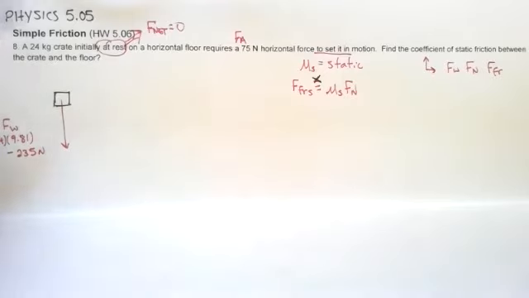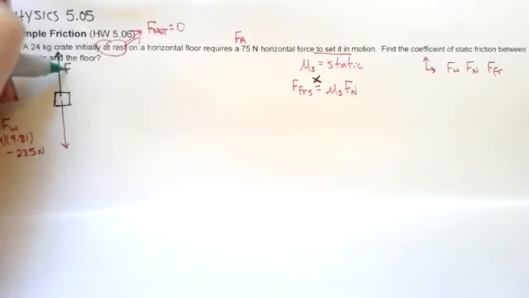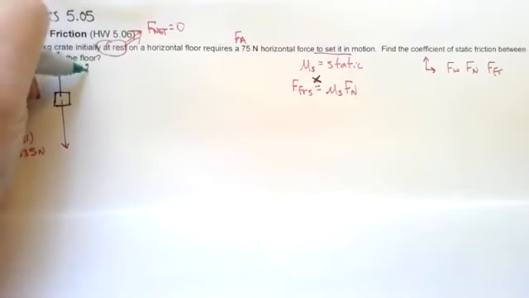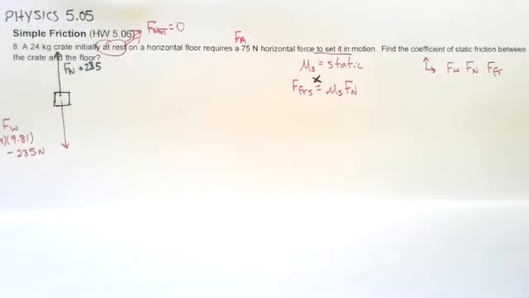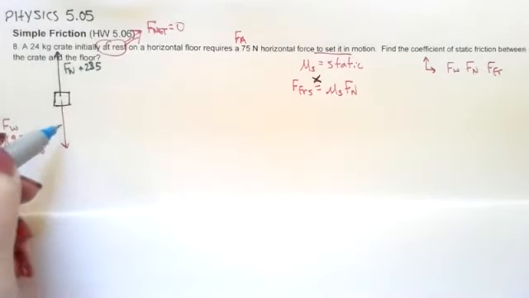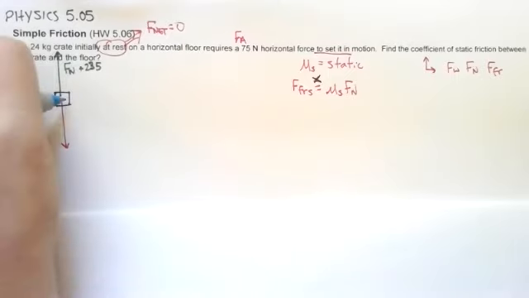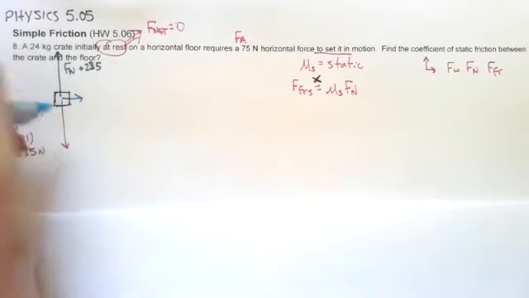That means my normal force has to be about that far, equal and opposite. Okay, I have an applied force that's 75. So if this is 235, this applied force better be about, is that roughly 75?